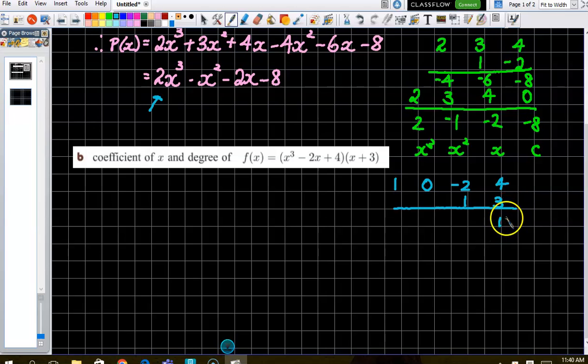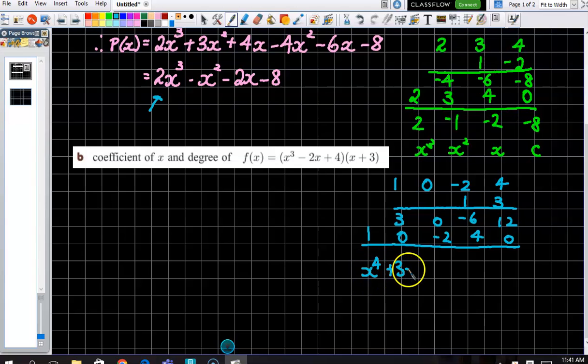All right, so 12, minus 6, 0, 3, pop my 0 there, 4, minus 2, 0, 1. And so I can now say that this would be 1x to the 4 plus 3x cubed, take 2x squared, take 2x plus 12.